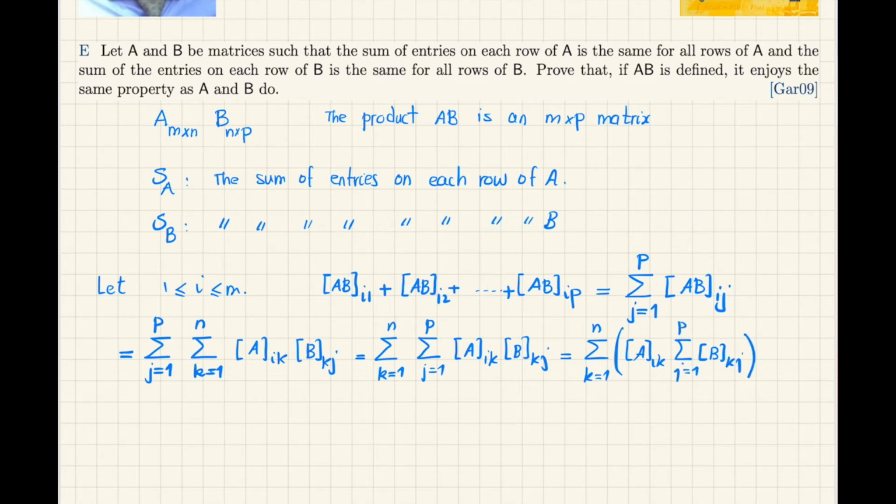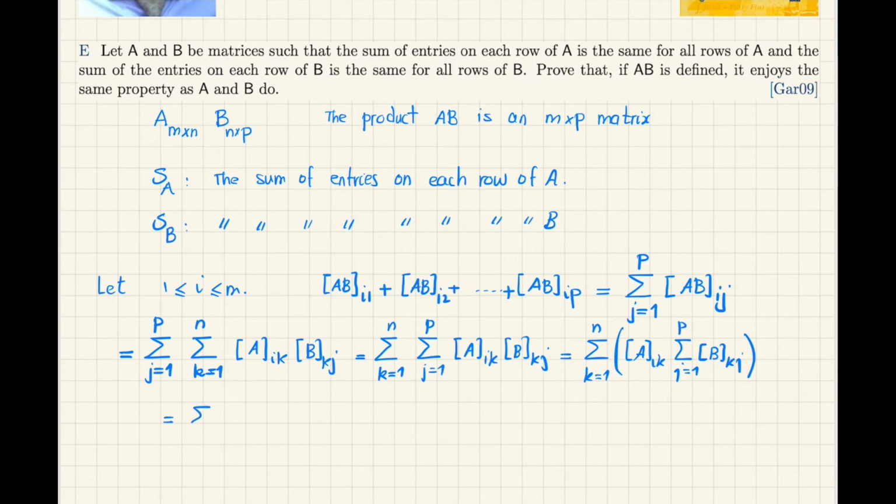Now if I ask you what is this sum, you would say that this is the sum of all entries on the kth row of matrix B. So these are the entries on the kth row of matrix B, and I am considering all of them from the first column to the pth column. So the sum is SB according to what we assumed in the problem. So this sum can be written as SB.